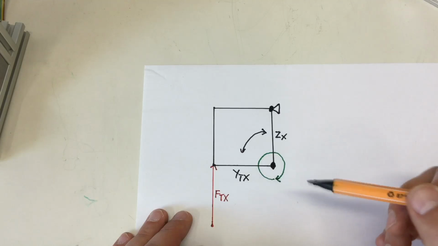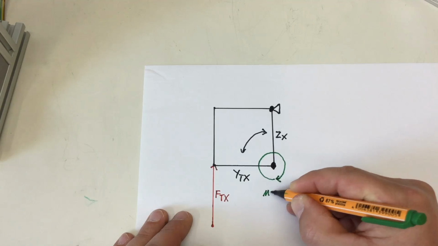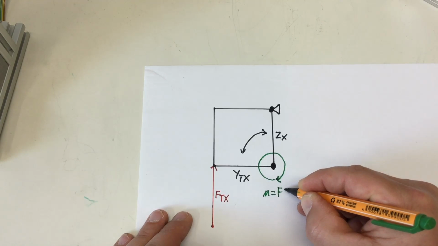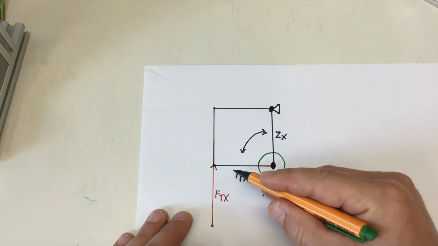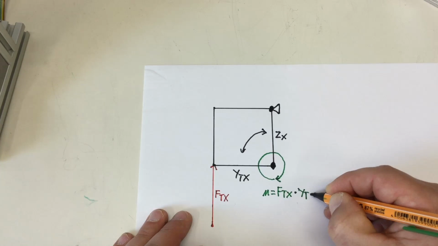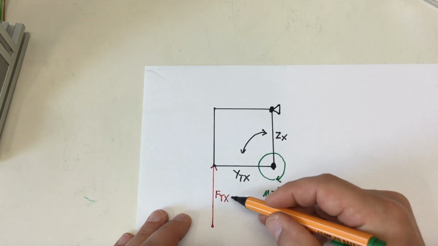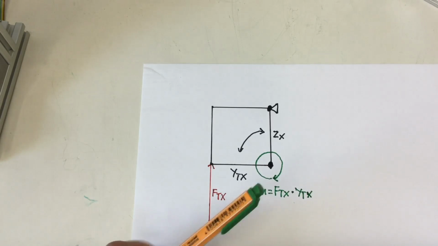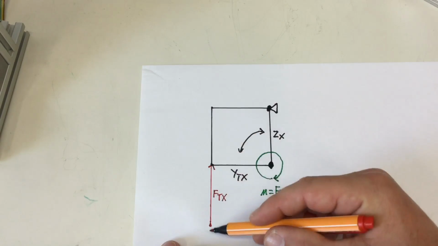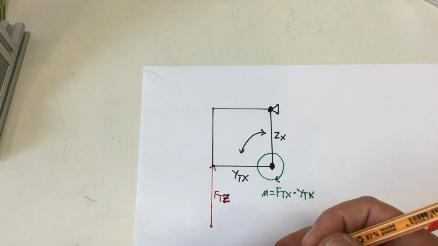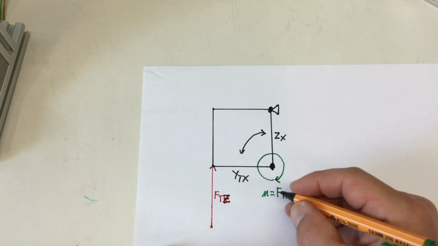So our momentum here would be that force Ftx times the lever we have, Ytx. Sorry, I just saw, obviously we're pressing here along the z-axis, Ftz, of course. Makes it much easier to understand, doesn't it?